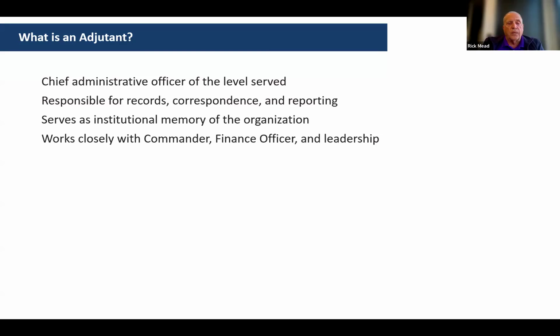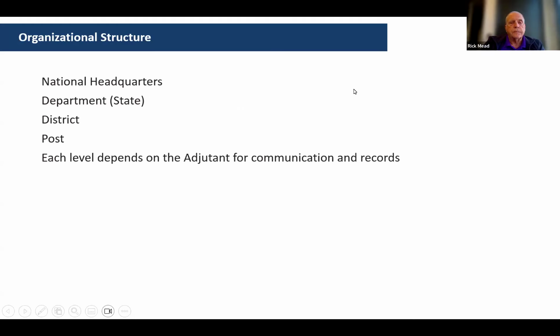You work very closely with other leadership within the level that you're dealing with, whether it's the commander, finance officer, or first vice, others that are in that department, and you basically are there to make sure that they are also staying in line with the Constitution and bylaws and helping them navigate through some of the interesting pitfalls that are there.